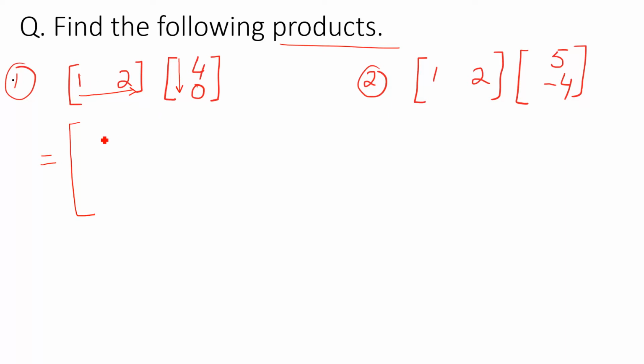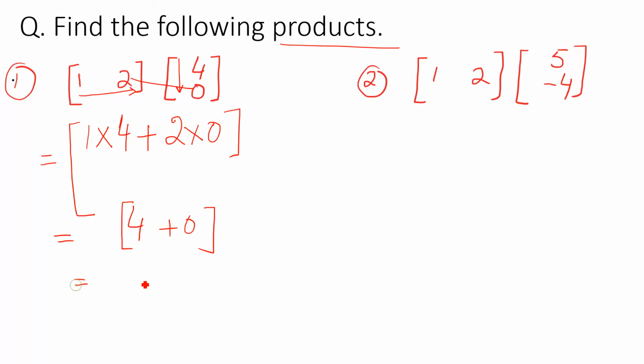So 1 multiply by 4, then plus 2 with 0. Do not multiply 2 with 4. Row with column, right? And always you have to use a positive sign here to multiply by 0. So it will be 4 plus 0, which will be equal to only 4.